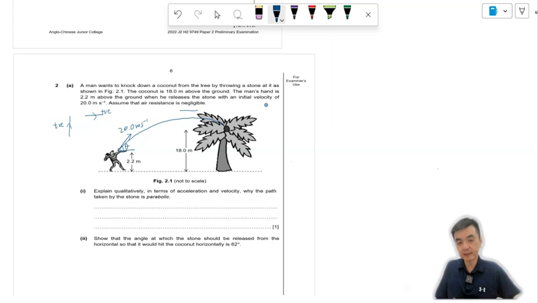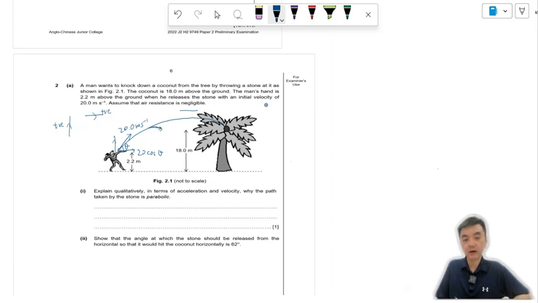In this case I've got two components, one is the vertical component and one is the horizontal component. The horizontal component is actually constant throughout. So the horizontal component is 20 cosine theta, which is constant throughout.